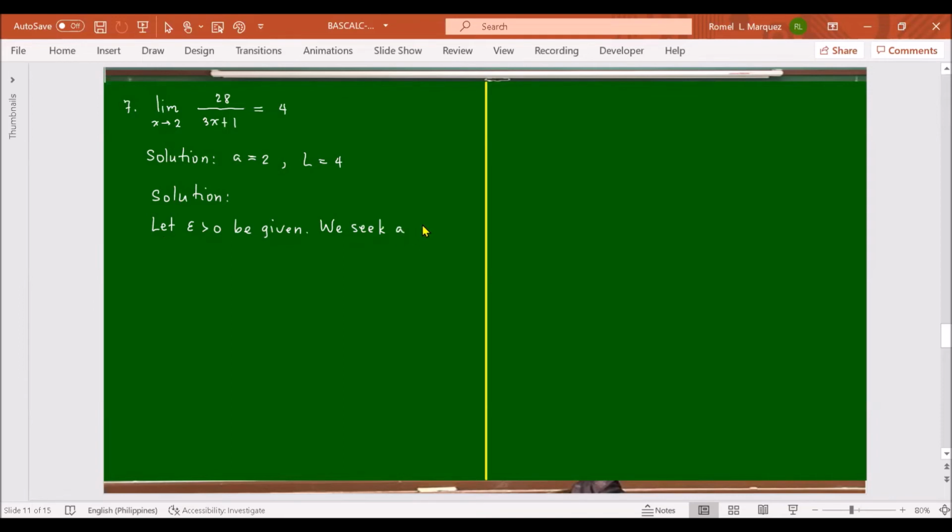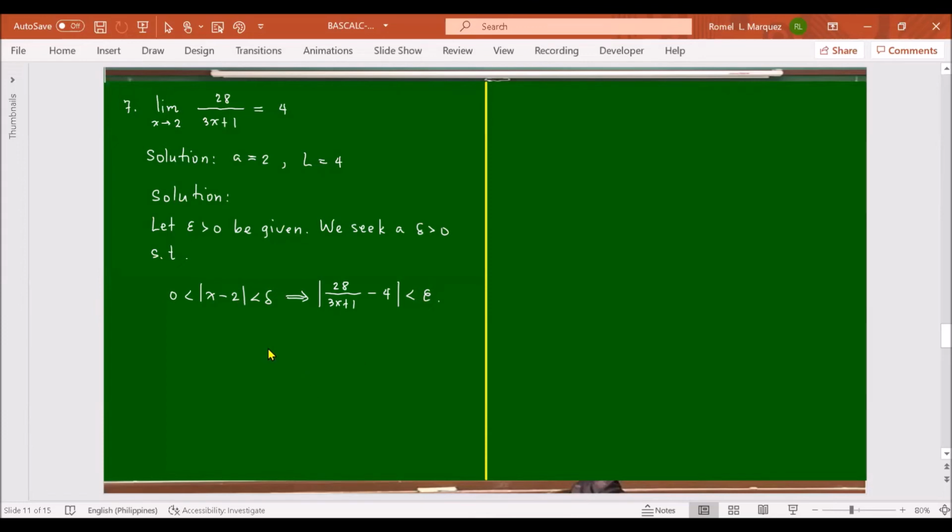We seek a delta greater than 0 such that if the absolute value of x minus 2 is between 0 and delta, then the absolute value of 28 over 3x plus 1 minus 4 is less than epsilon.